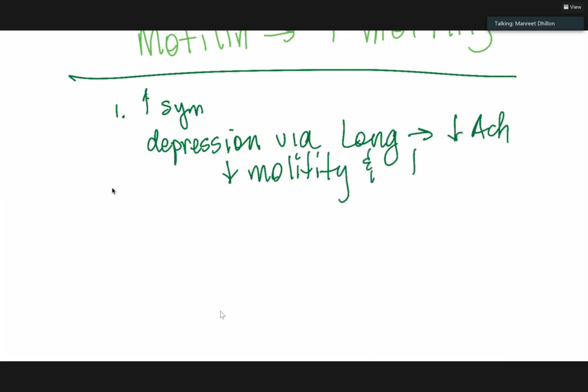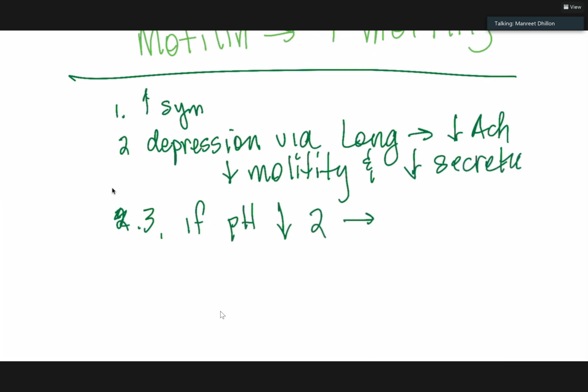So there'll be less gastrin release, and thus decrease the HCl secretion. And also emotional stress, which will cause the sympathetic nervous system activation, which is going to override the parasympathetic system, and that's going to decrease HCl secretion as well. And all of these are abnormal except for the negative feedback.